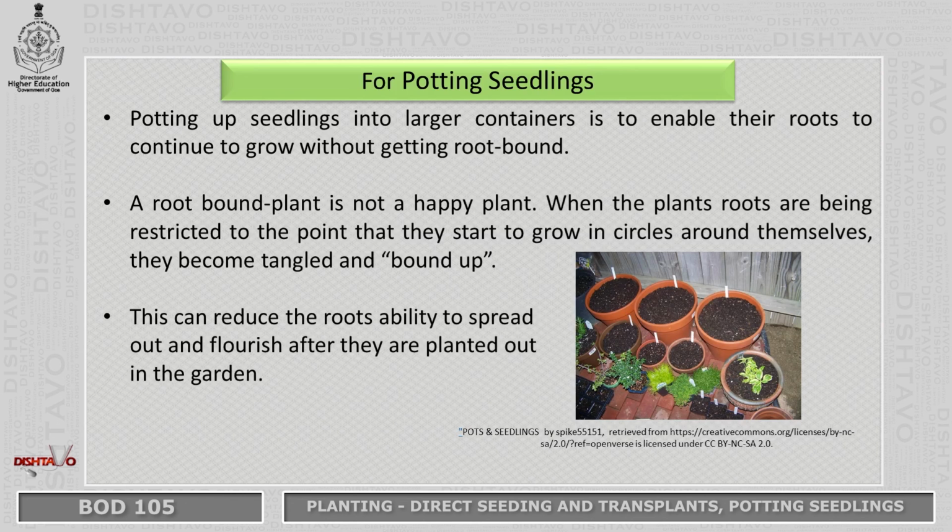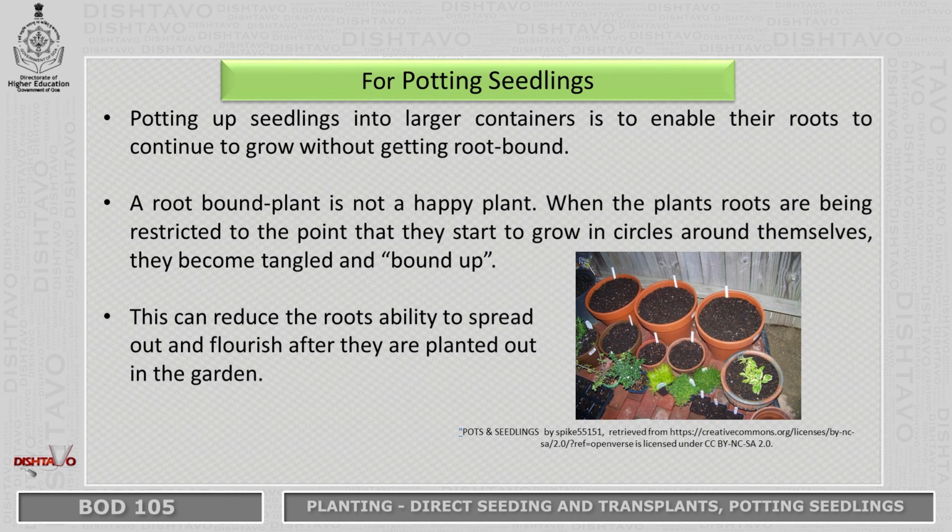When the plant roots are restricted to the point that they start to grow in a circular shape around themselves, they become tangled and bound up. This can reduce the root ability to spread out and then the plant can be restricted in growth, and at that time they have to be potted again or planted out into the garden.